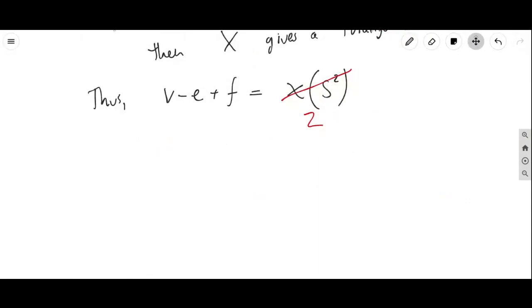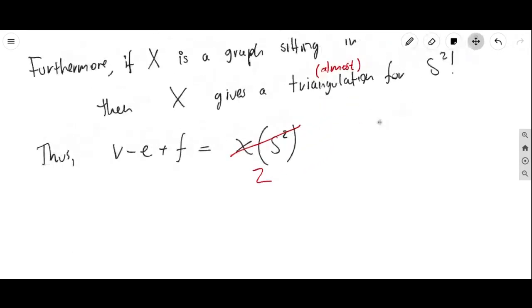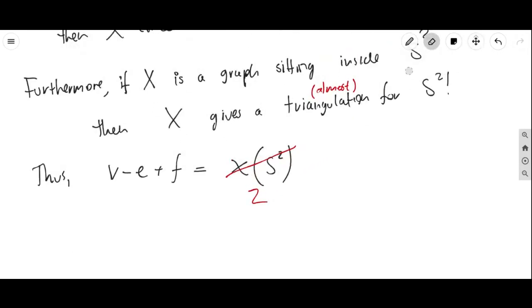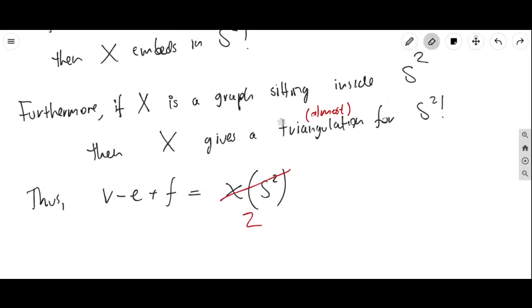I realize it's not going to add any valuable insight, and I'm not going to be able to draw the picture. The most important thing is that when you embed a graph inside S2, you're getting a triangulation for S2. And so the Euler characteristic has to be 2. This is the Euler characteristic for the triangulation, and it has to be equal to 2. And that explains where this 2 comes from.